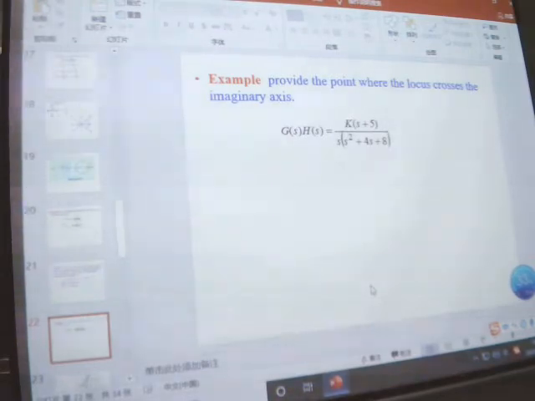We can see here the real part, the imaginary part. What is the real part?